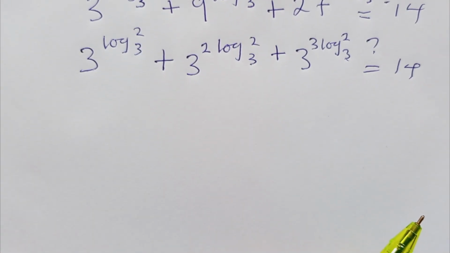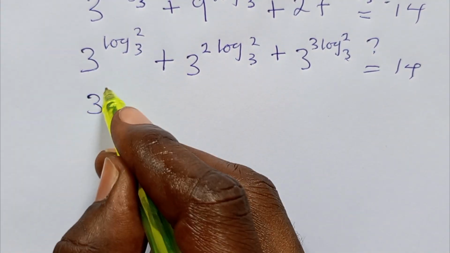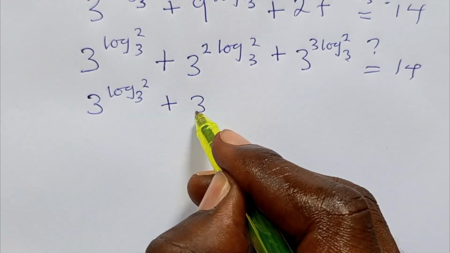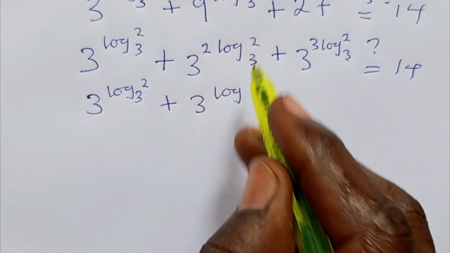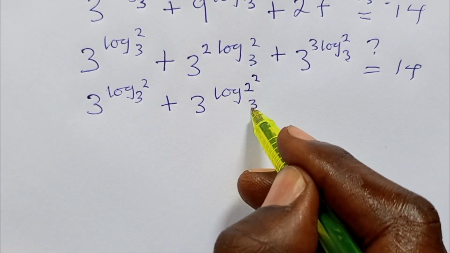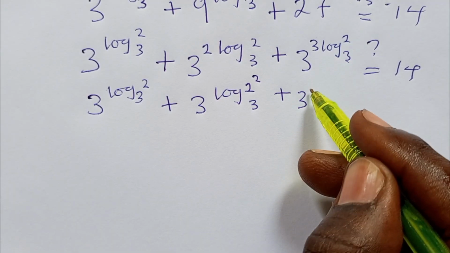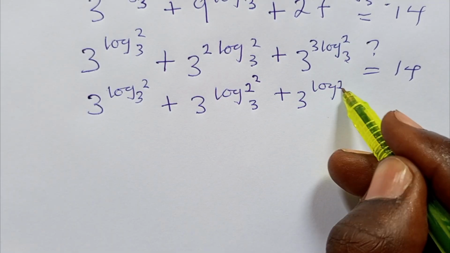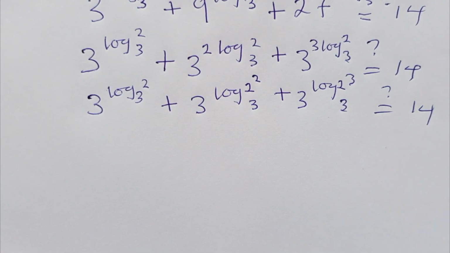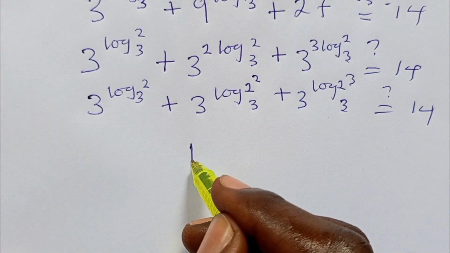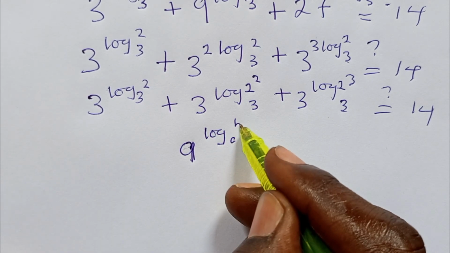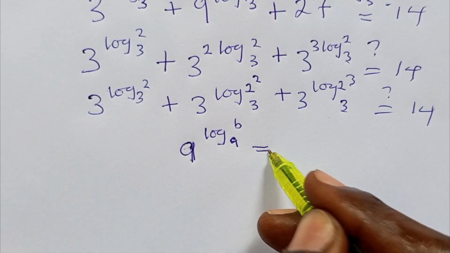Is that going to be equal to 14? Simplifying this, you can bring this back here, so that's going to be 3 to the power of log 2 squared base 3 plus 3 to the power of log 2 cubed base 3. But remember, a to the power of log b base a is the same thing as b.